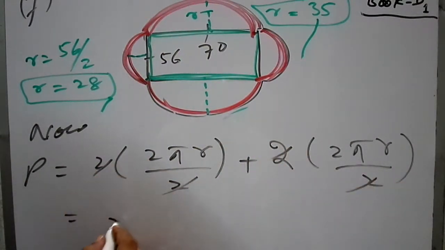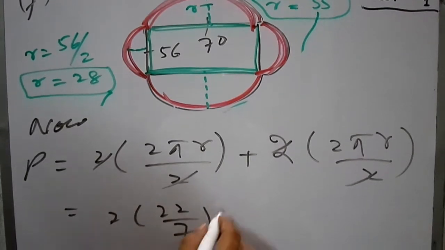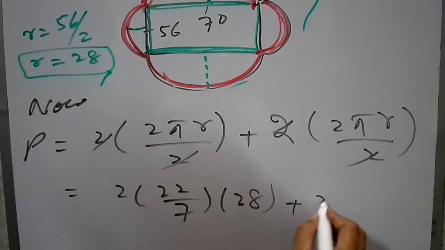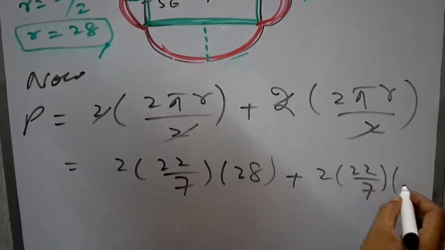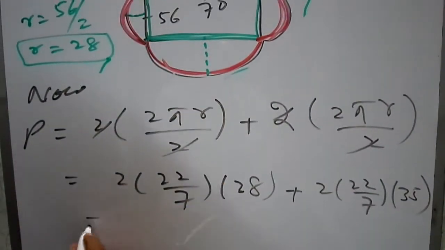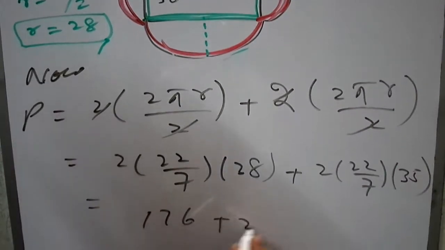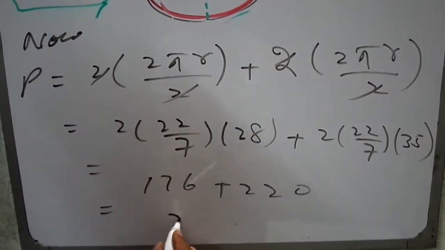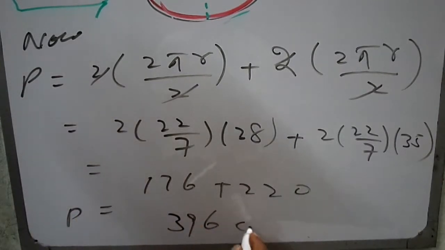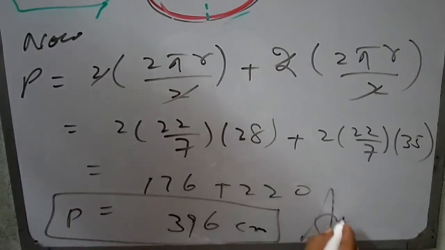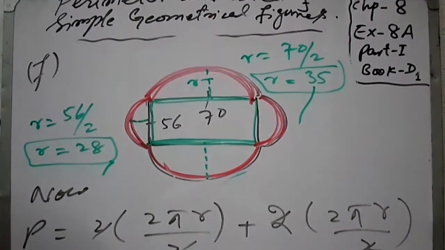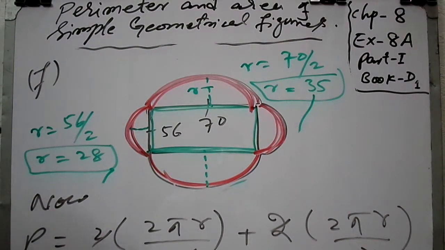Putting the values, you will get 2 into 28, and 2 into 35, because 2 circles have 35 radius and 2 circles have 28. So after simplification you will get the result: the perimeter is this one, 396 centimeters. So here is your result. Coming to question number 4.